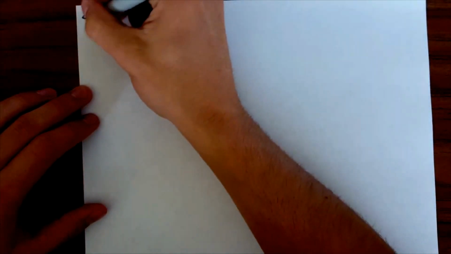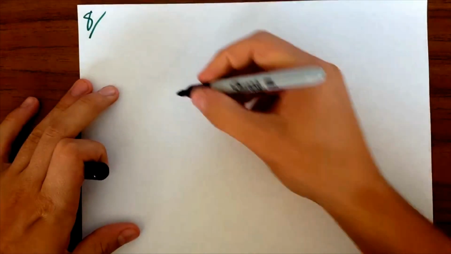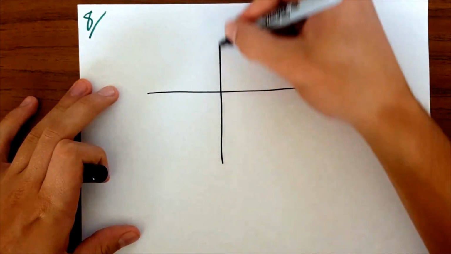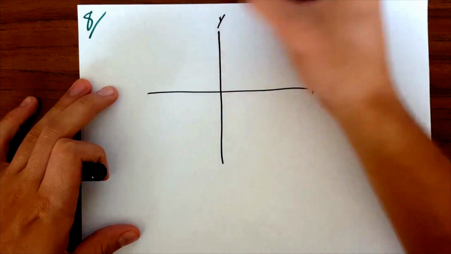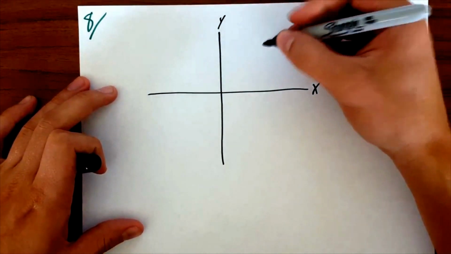Now let's go on to the next one, 8. Okay, line L in the XY plane contains points from each of quadrants 2, 3, 4, but no points from quadrant 1. So let's remind ourselves what that means. Let's draw a Cartesian plane, X, Y. And now the coordinate naming system goes like this.